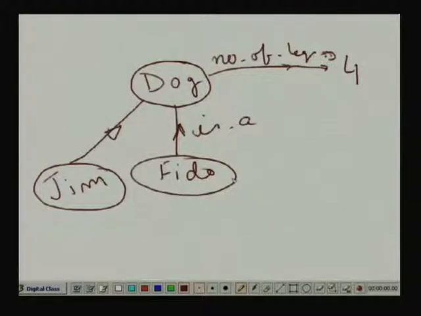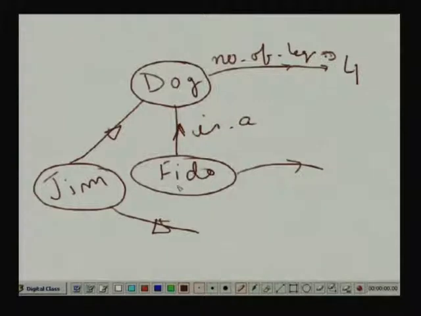I did not store the fact that Fido has 4 legs and Jim has 4 legs. If I had to store that all the time, so if I had to store this here, again Jim has 4 legs, that would be a redundant storage that is not required, right.